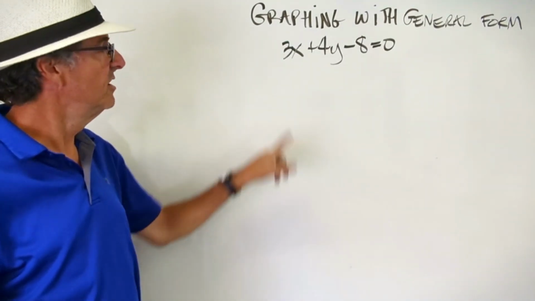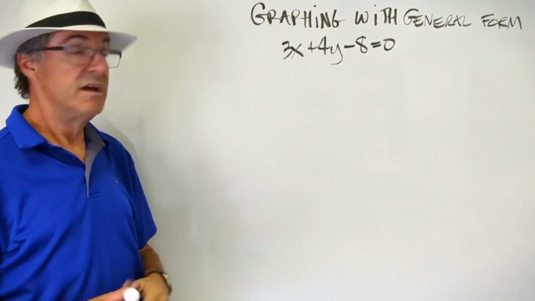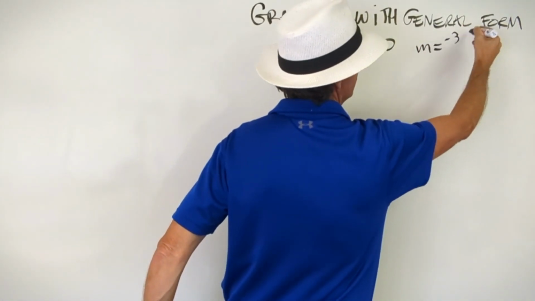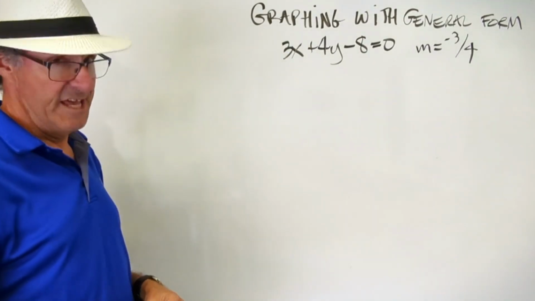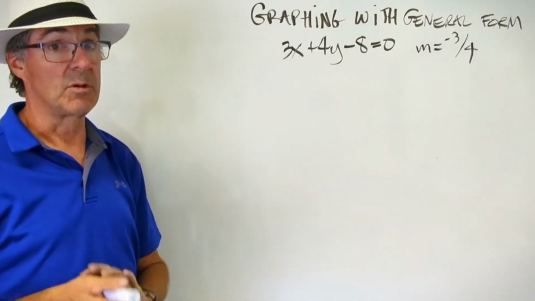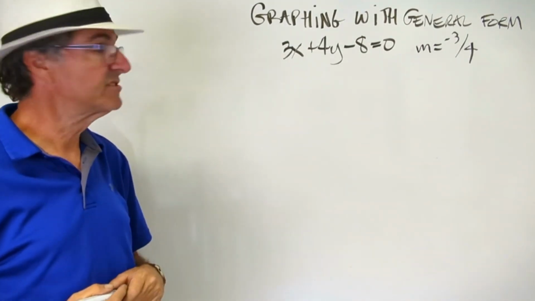Before we start, however, you should recognize that we looked at this function on the last board, and our slope was -3/4. So when we get our graph, it should be sloping down to the right. If it's not, we have a problem. So it's good to kind of know these things ahead of time so you can catch mistakes.